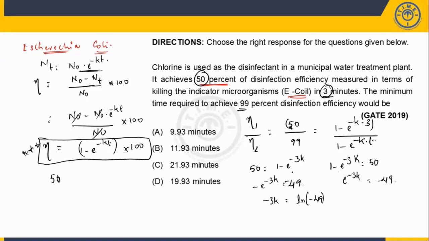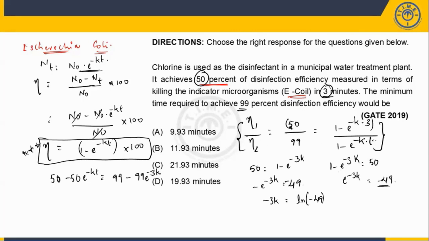After that, the left-hand side would become minus 3k times log e, and log e will be 1. But here also we are left with the same problem. So from this equation: 50 minus 50 e power minus kt is equal to 99 minus 99 e power minus 3k.